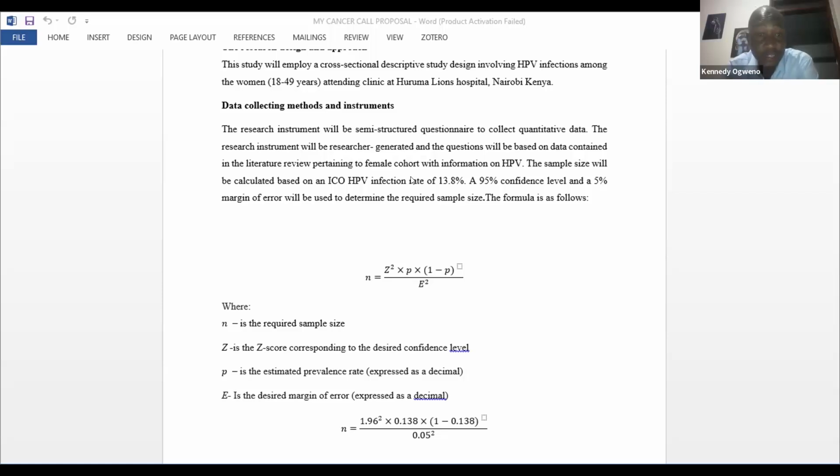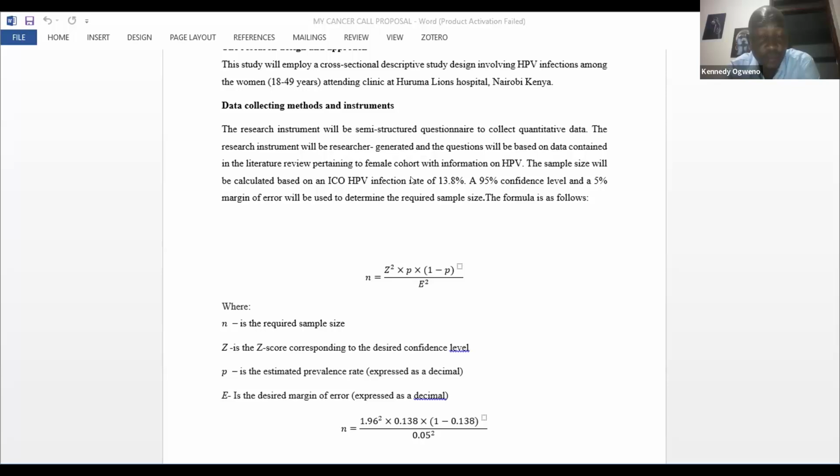So you see, like this one, N is the required sample size, okay? The Z-score corresponds to the desired confidence interval. And arbitrarily, we normally use confidence to be 95%.